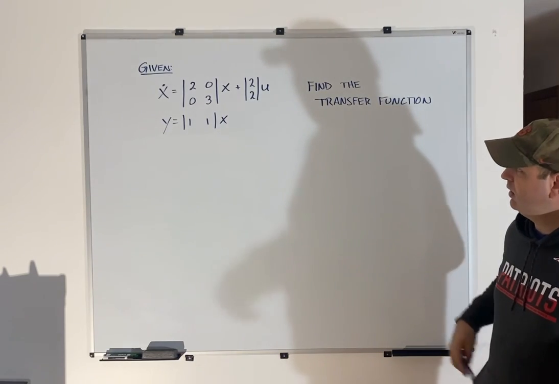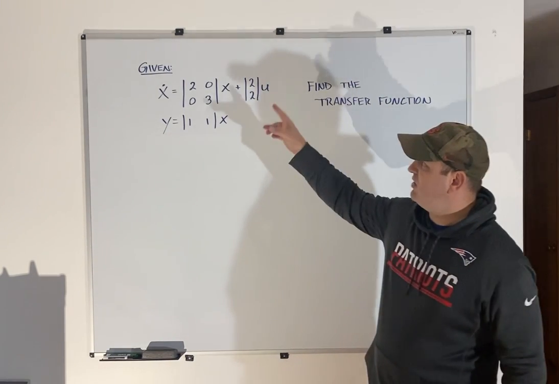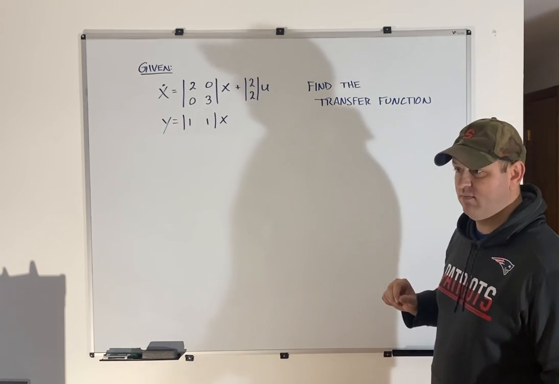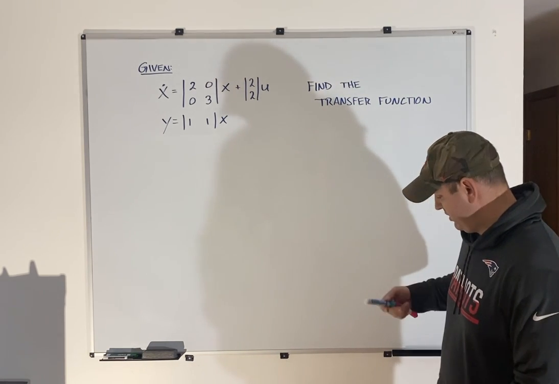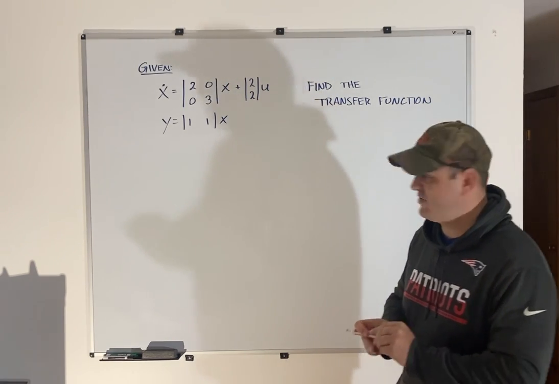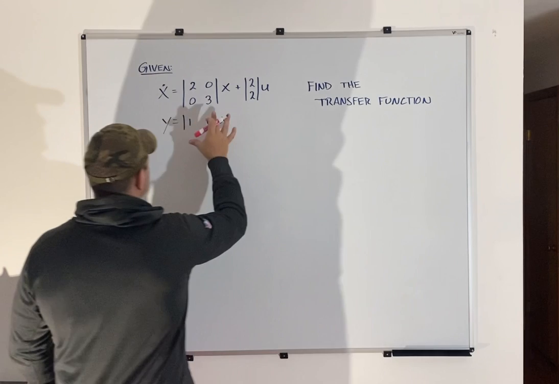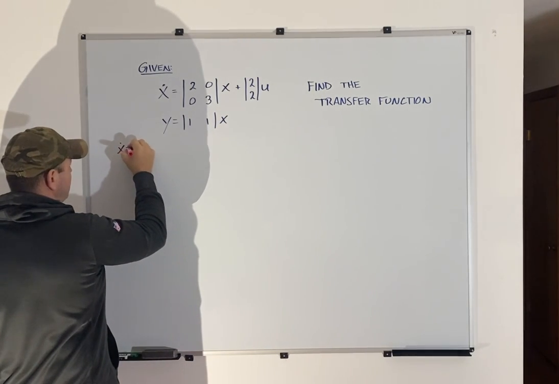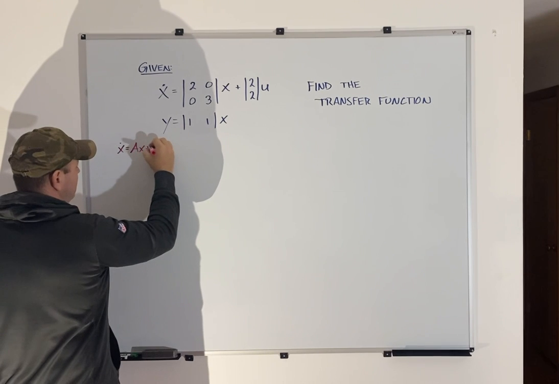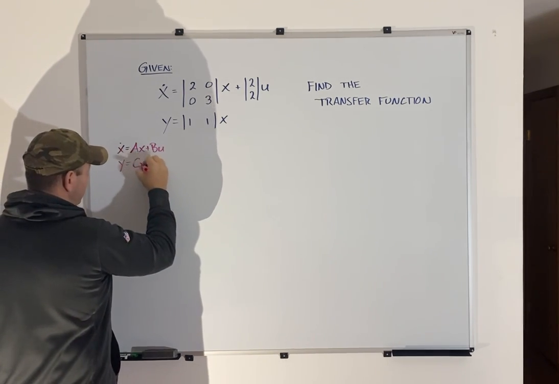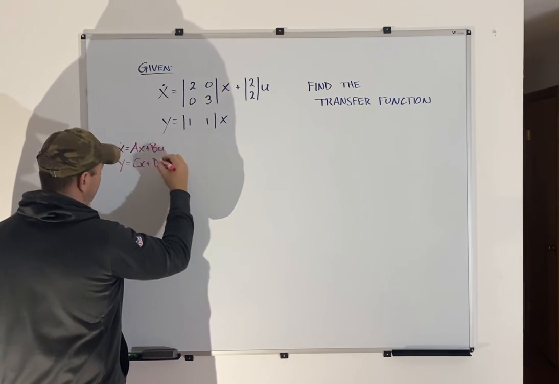All right, let's play. Given a state space system, find the transfer function. Let's go ahead and do some labeling here just to make this easy on ourselves. State space, remember, is x dot equal to Ax plus Bu, y equal to Cx plus Du.